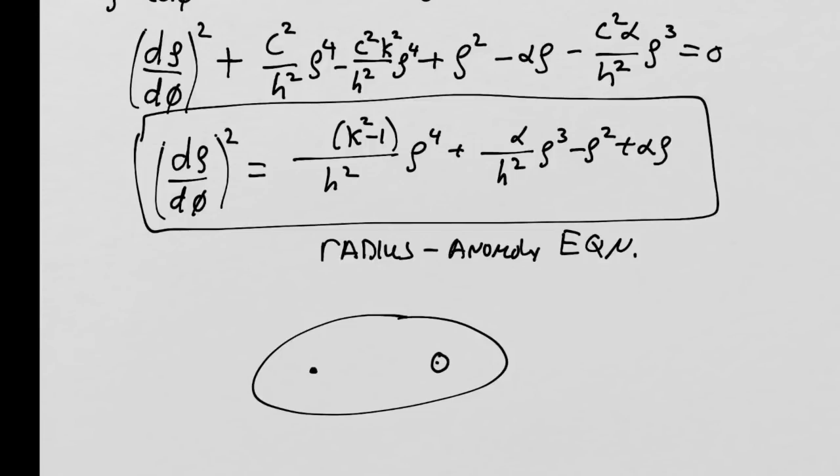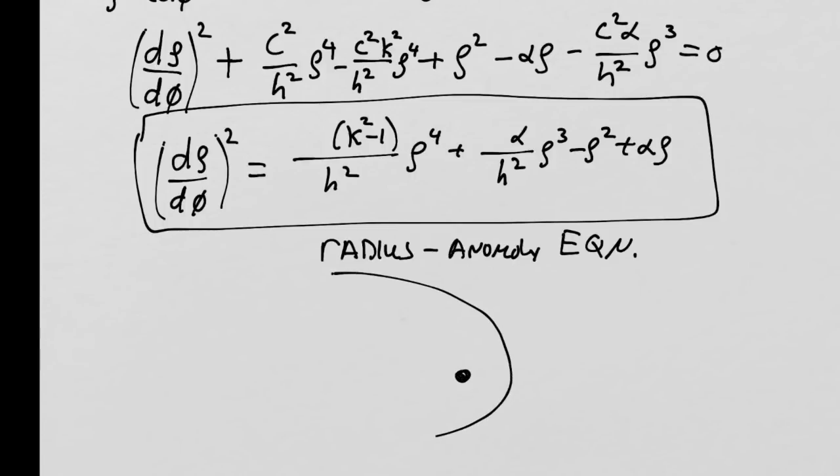So if your planet is here and you have an elliptical orbit around the planet, I'll exaggerate it. So the planet is at one of the loci of the orbit. Then you draw a line to the nearest point of approach, and if the object is, say, there, then this angle here, phi, it's called the true anomaly.